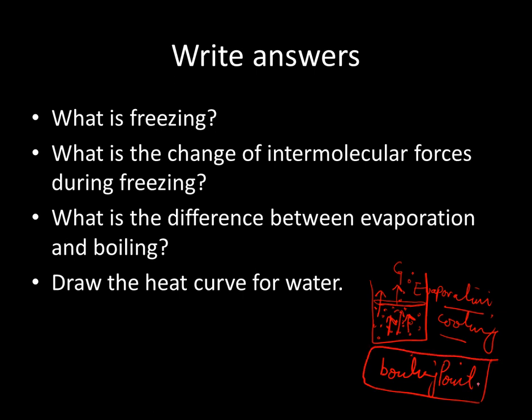Evaporation goes on all the time. The rate of evaporation can be high or low during different seasons, but boiling occurs at a sharp temperature. So you have to draw a column and write the differences between evaporation and boiling. You can also find more statements and facts from the net and from your textbook to write the answers.